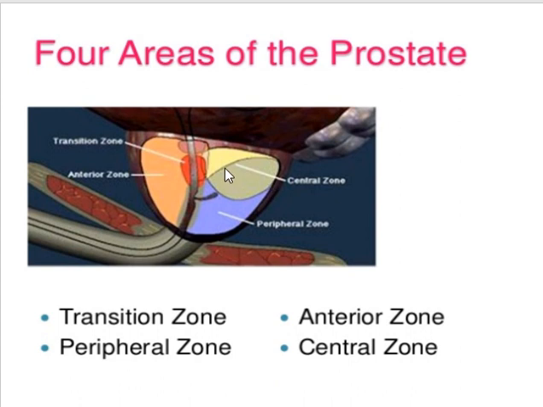This is the central zone and this is the peripheral zone. Imagine when a man is standing, this comes in the front portion and this area comes towards the back portion. So these are the 4 zones of the prostate gland. I'll tell you why we are discussing these zones in the coming slides.